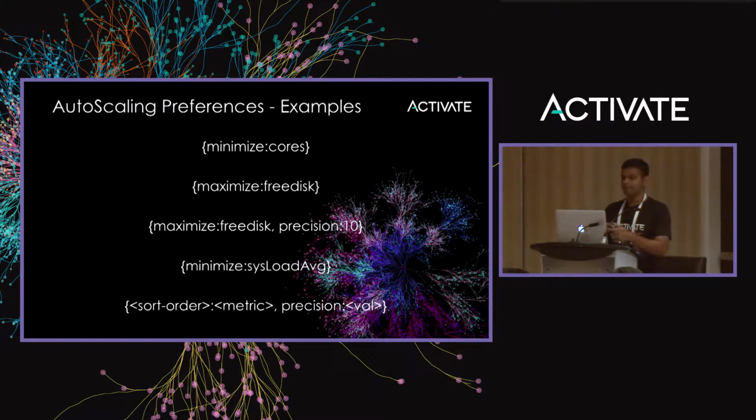So we also have a precision that you could set to say, you know what, if it's within a 10 gigabyte range, it's probably the same. Or I'm doing some segment merging, Lucene is doing some segment merging in the background. So I allow you to give it a precision level. So the syntax essentially goes like, you give it the sort order, the metric, and optionally a precision level to it, right?